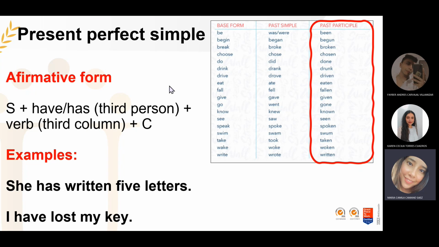So the auxiliary verb in present perfect simple is have or has. I think that you know this information, because we use have with some personal pronouns, and we use has with the third person.